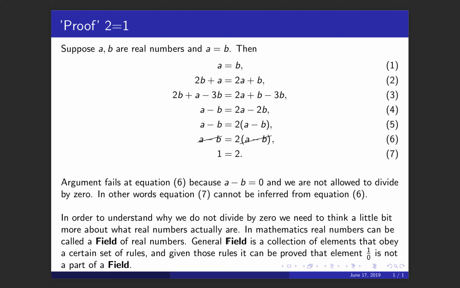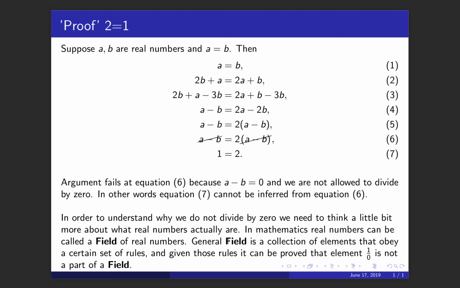Now, the precise reason why it's not a member of a field of real numbers is a short proof that can be done. We will not do the proof, of course, not today at least. But to mention one last thing, the reason why the proof can be done is based on the exact properties that 0 has.